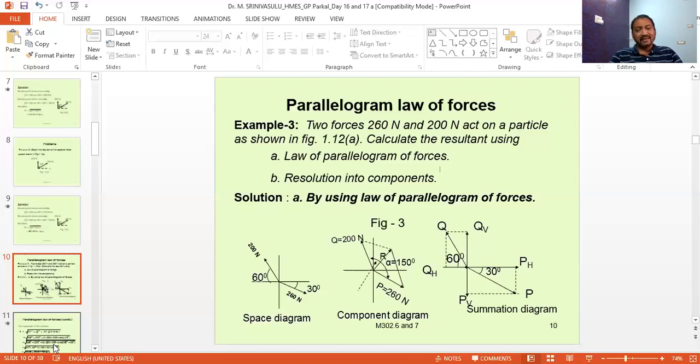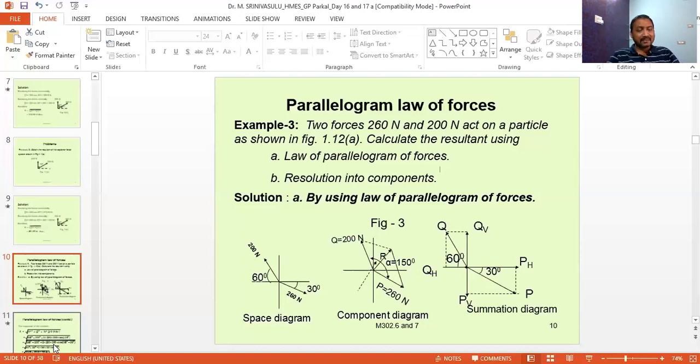Now the total angle between the two forces, that is P force and Q force, by adding the three parts: 90 degrees plus 30 degrees plus 30 degrees. 90 plus 30 is 120, plus 30 is 150. So the angle between the two forces is equal to 150 degrees.